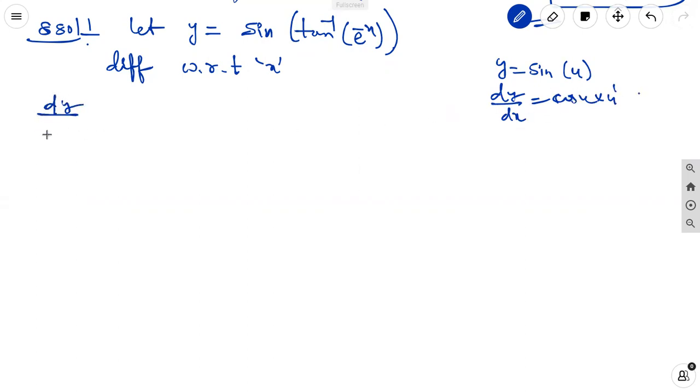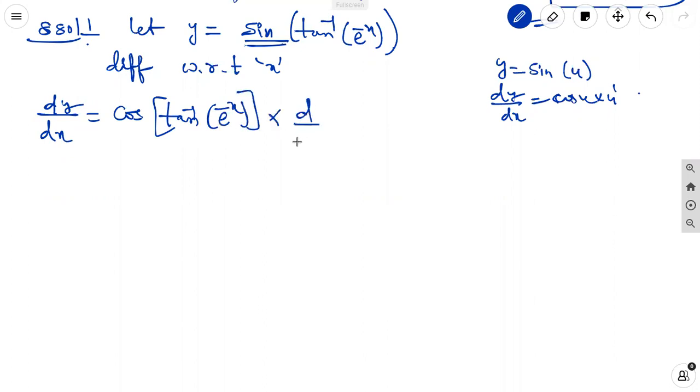Here dy by dx equal to, first of all we take the sine. Sine differentiation is cos. The same function we write as usual. Tan inverse of e power minus x. And differentiation with respect to x of sine function, whatever it is there, tan inverse of e power minus x. That is the first step. Again do the derivative part.